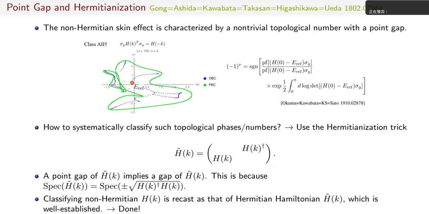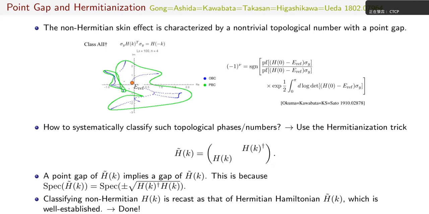The question is, can we classify systematically whether this kind of interesting topological number exists or not, for all 38 symmetry classes and for any spatial dimension?